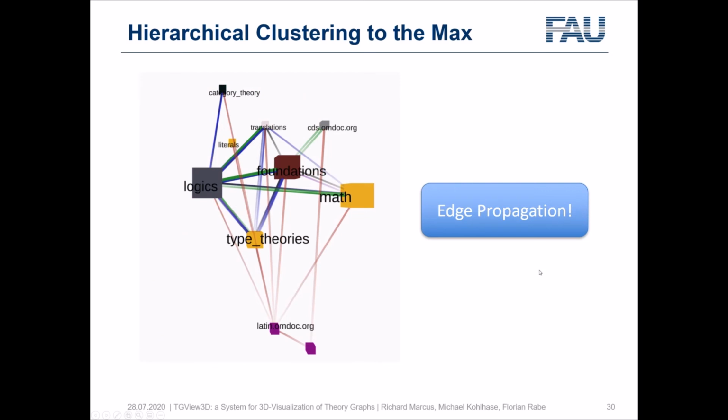This can be repeated until we arrive at a really simple presentation of the graph. And here we do something we call edge propagation. That means that we collect the edges from the original nodes into the new clusters, and this way we can still see how the different nodes within the namespaces relate to each other.